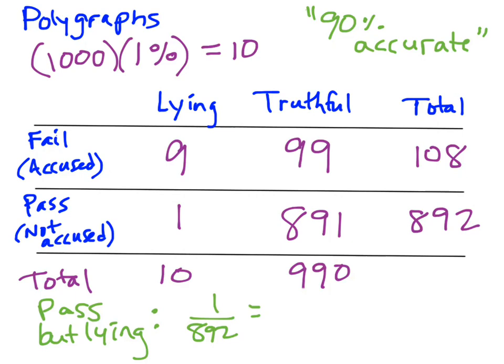So it seems like when the polygraph does report that you're telling the truth, that's fairly accurate. But when it reports that you're lying, that's actually not accurate. So I think you can see why polygraphs are not allowed as evidence.